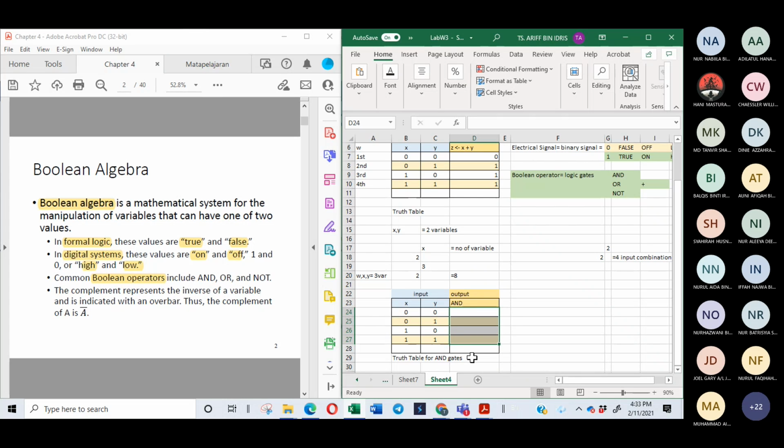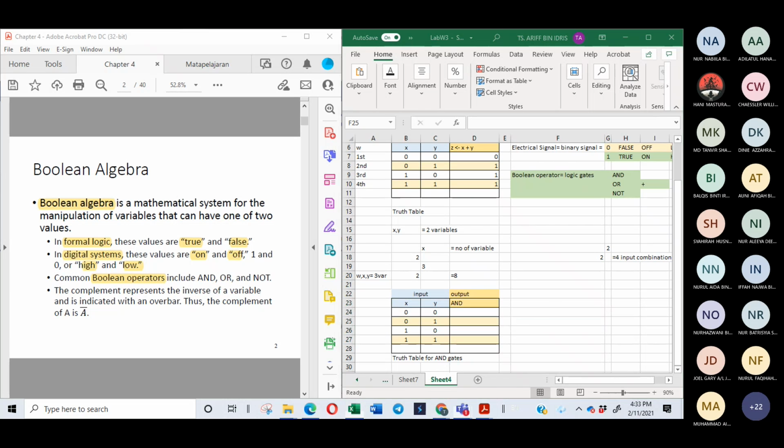This is the popular question in your quiz or your midterm exam. This one will consist of many marks: the marks for creating the truth table, the marks to list down the input combination, the variables, and then the marks for the output or the results.